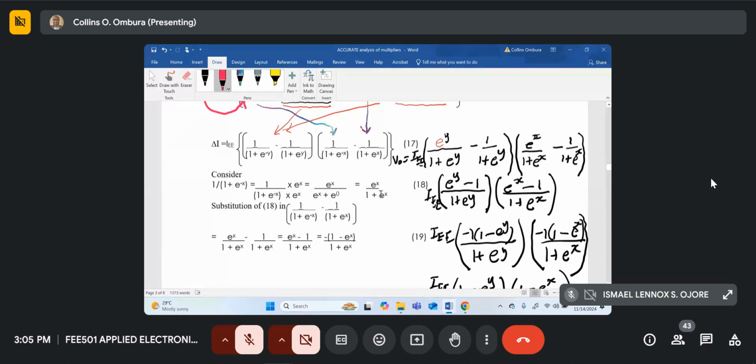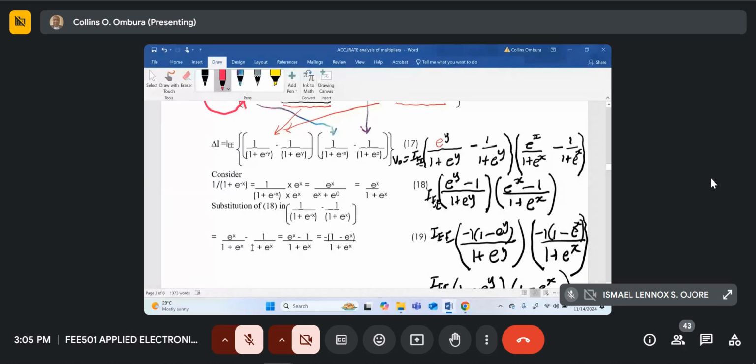Then I'll get equation 19 on the left-hand side. So this term over here is the same as this term. And this second term, minus 1 divided by 1 plus e to the x, is this term over here.